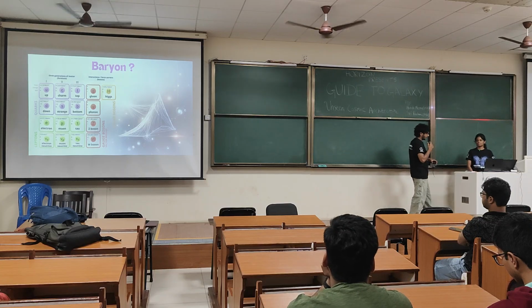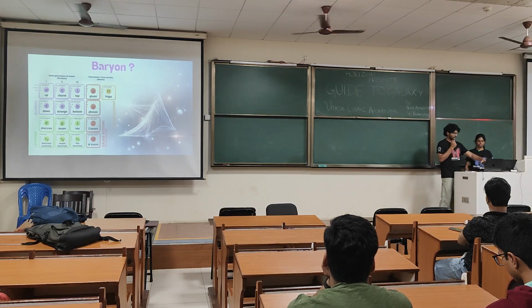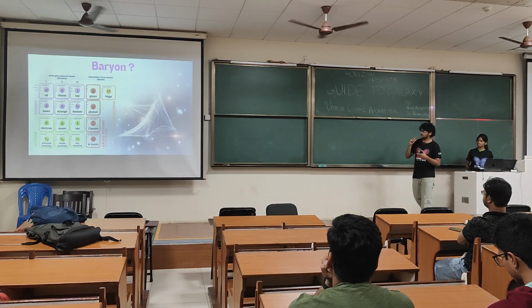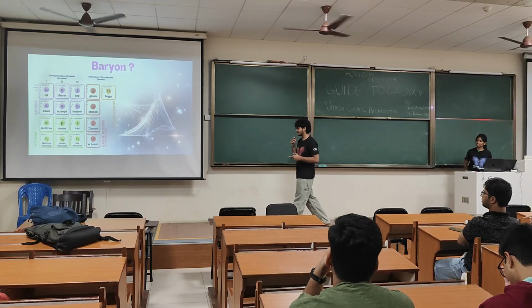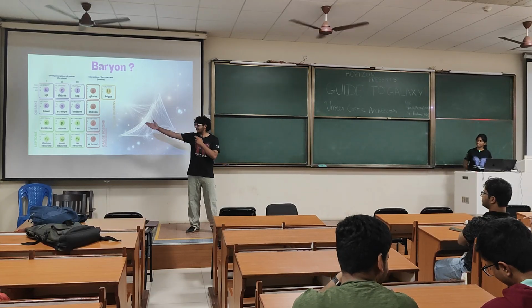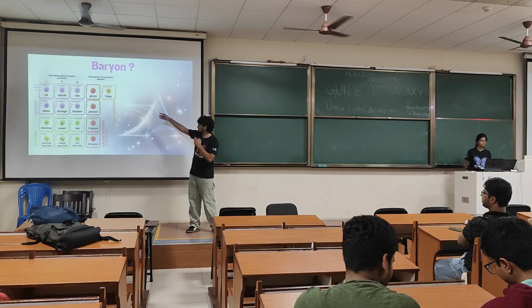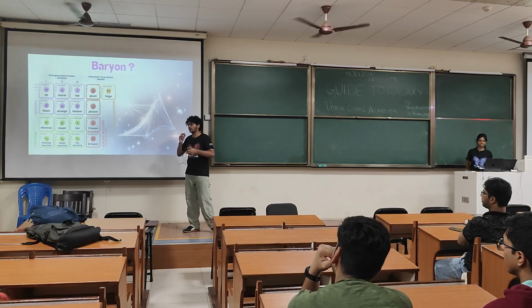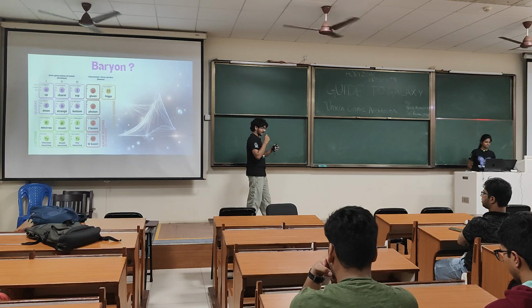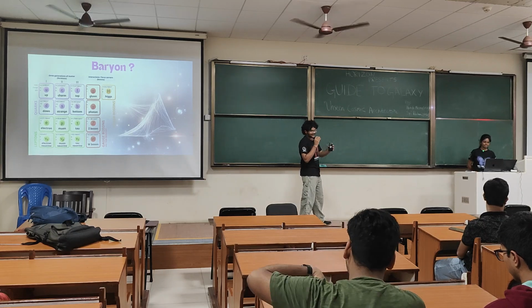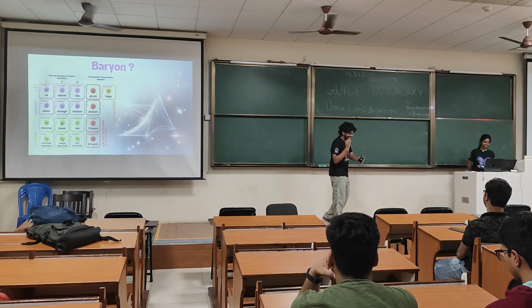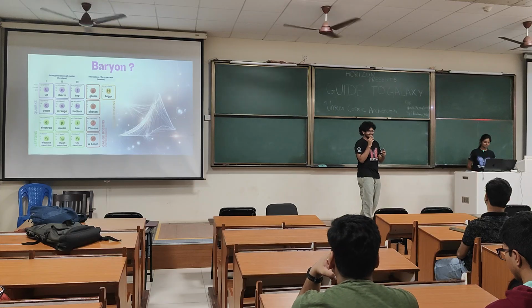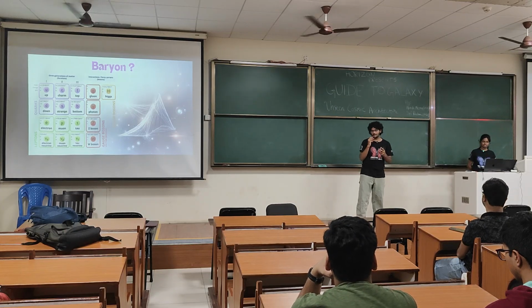In this model, there are fermions, to the right, and to the left, the reddish and goldenish ones are force carriers. To understand more about this, you will need to attend one more Guide to Galaxy session which will be specifically on this. But what is a baryon?